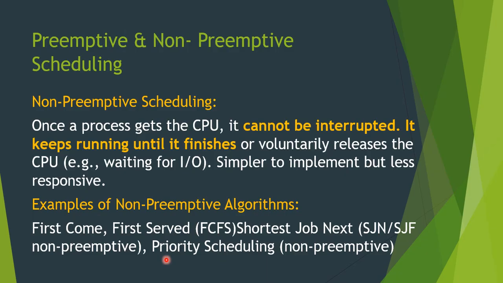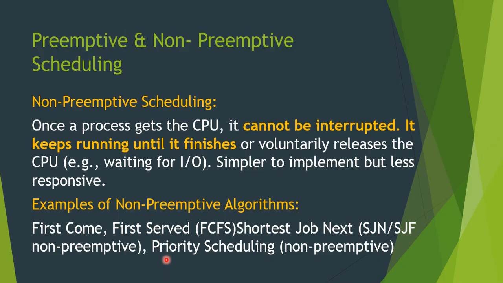Now, then we have another one we call the non-preemptive scheduling. Usually with this, suppose a process is already running or it already has the CPU, it cannot be interfered with. It will keep running until it has finished what it's doing, then eventually release the CPU and give it to whosoever may have a desire to use it.